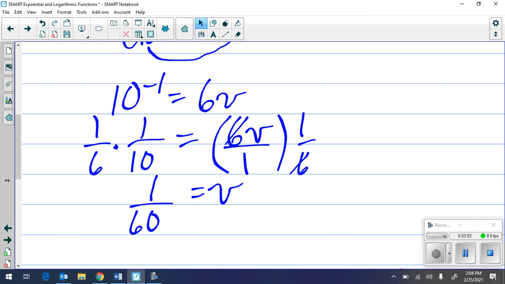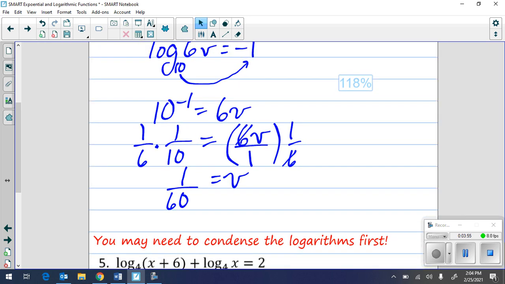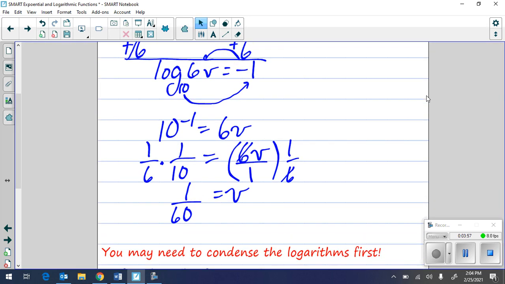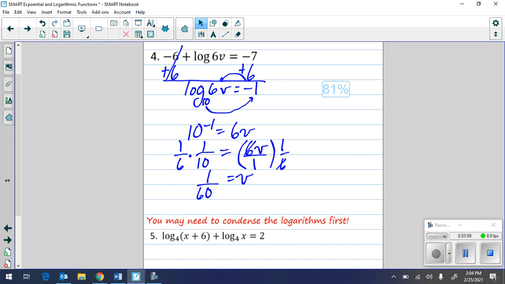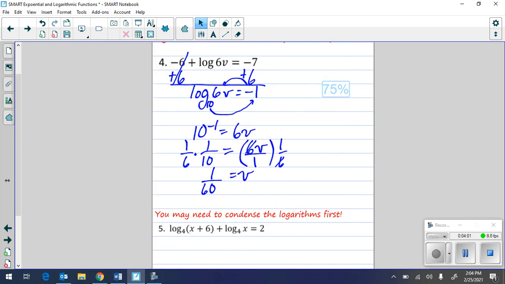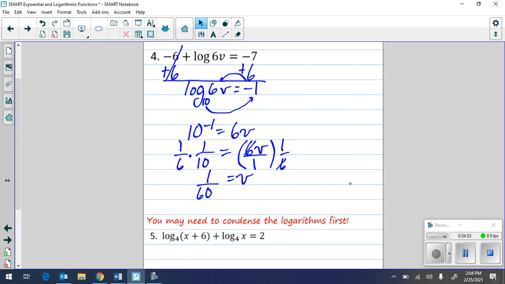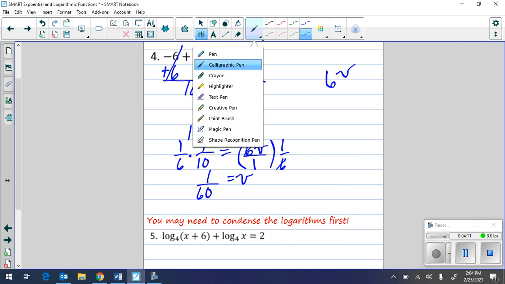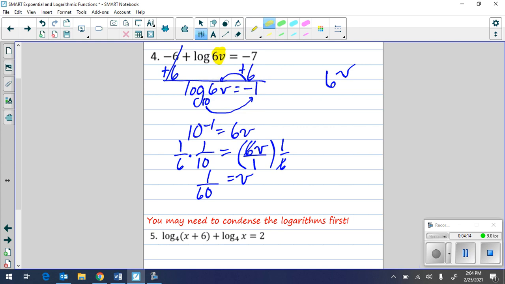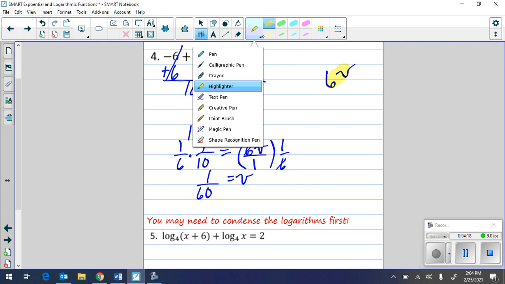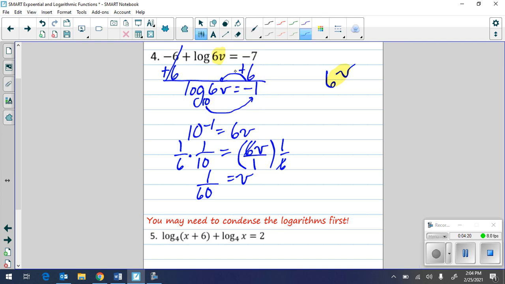So that is our example 4. I'm going to make it so we can see the whole thing here. There we go. Again, I should check and just make sure that that part that's in your logarithm, that's 6v from right there, is positive.